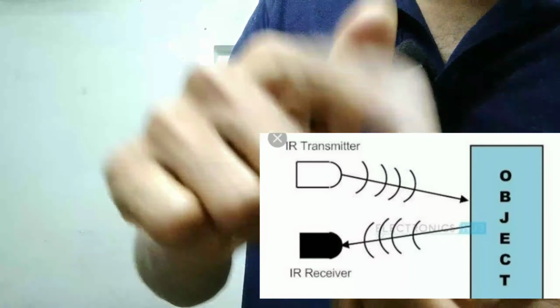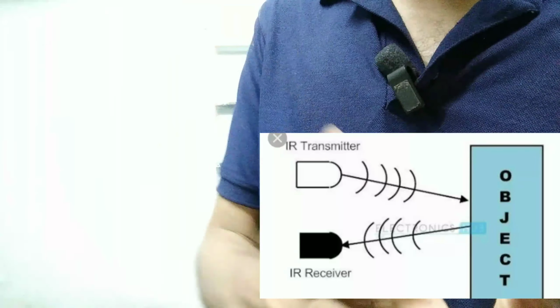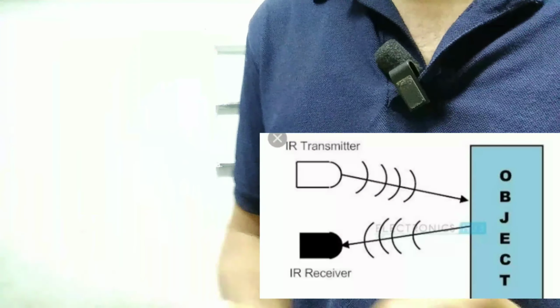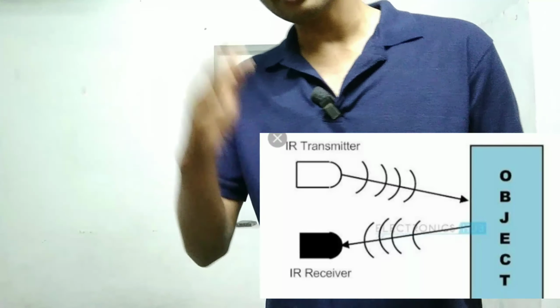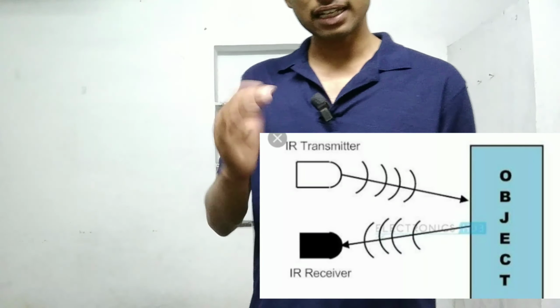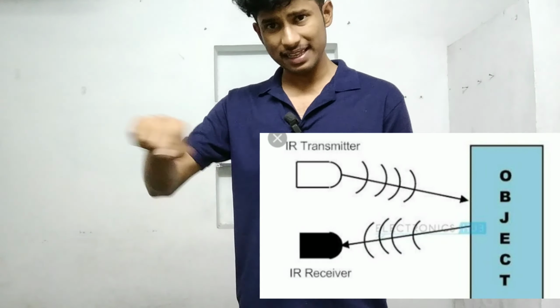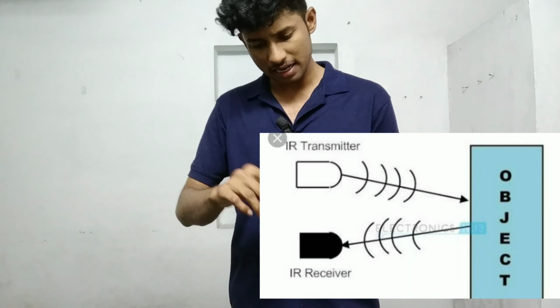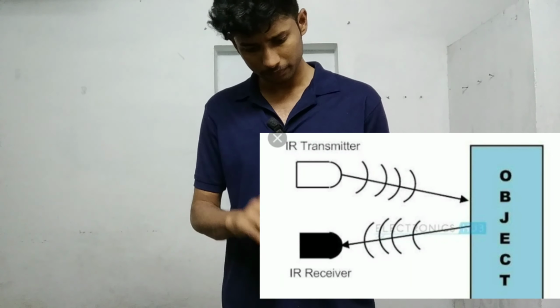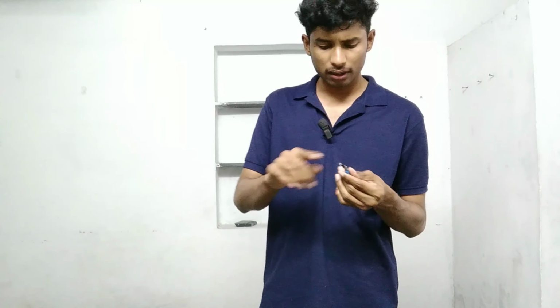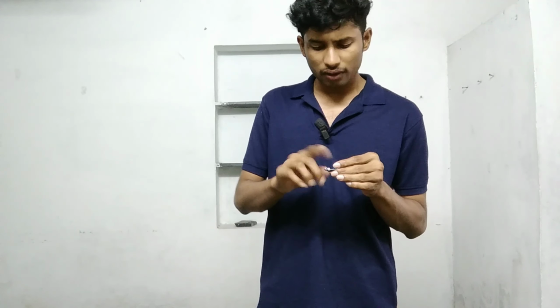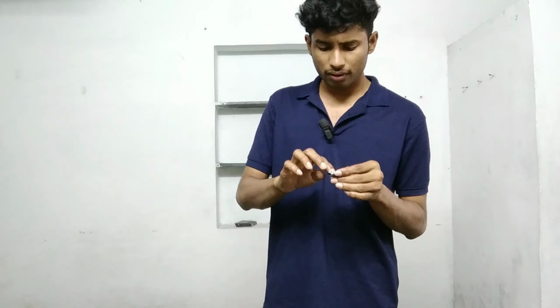If an obstacle occurs, the signal returns and is received by the receiver. The output pin of this sensor will show 1 when an obstacle occurs.